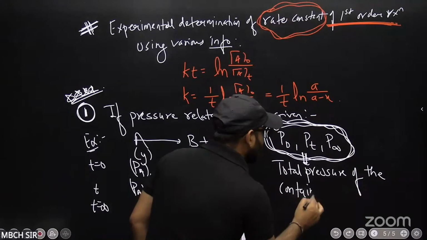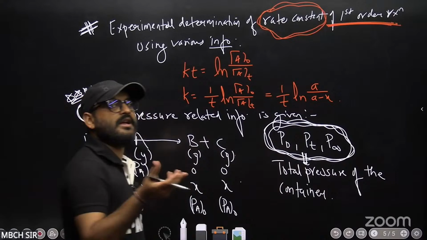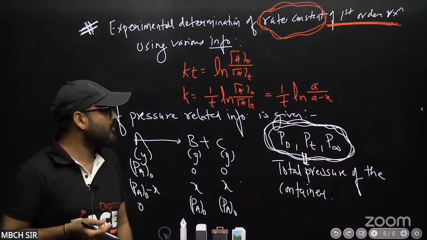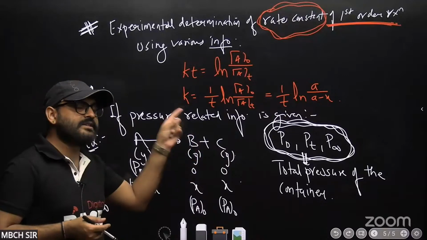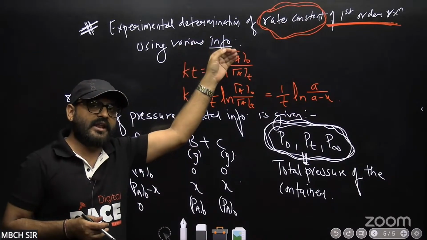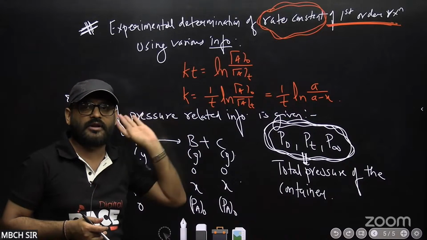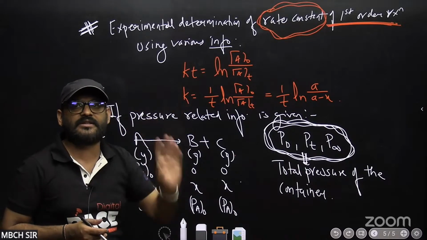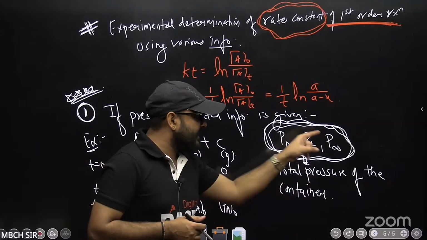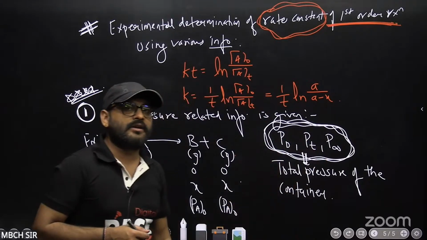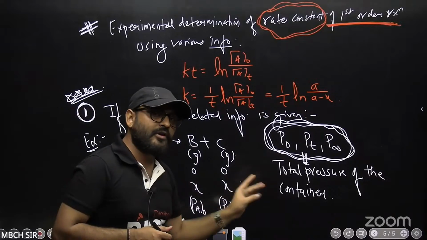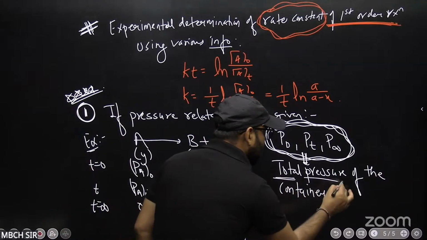This is not the pressure of an individual substance, let's say A, B, and C, at t equals to 0, given time t and t equals to infinite. Why t equals to infinite? Because these are first order reactions. Look at the heading. Every reaction covered here will be a first order reaction. So completion time is infinite. Now, these three data represent the total pressure of the container. Put this in your mind well. Total pressure of container.